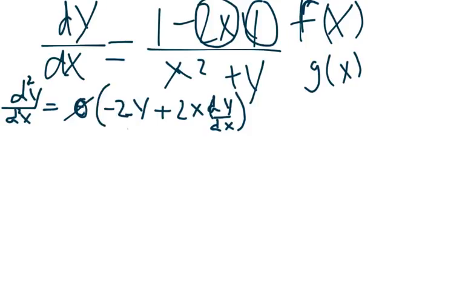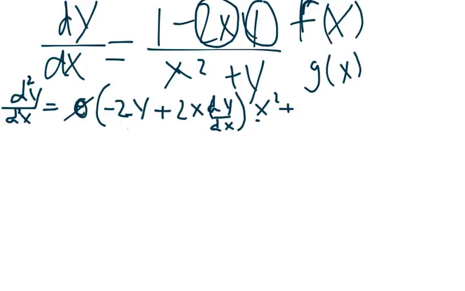Now you're just doing g of x times g of x, so you get x squared plus y. Put that in parentheses too, since you're multiplying the two terms.